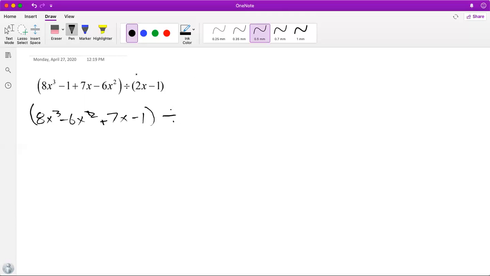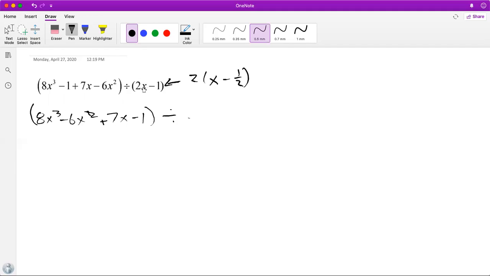divided by, and now think about, there's a couple ways to think about this. I want this to be like x minus a number. So to me, the best way to think about how to rewrite that is to factor the 2 out. So basically what I'm saying is this thing is the same as 2 times x minus 1/2.